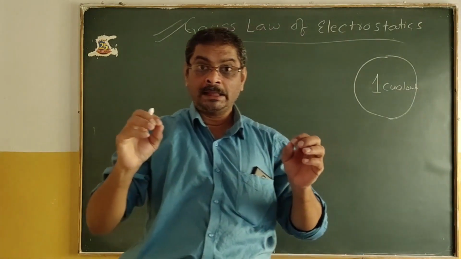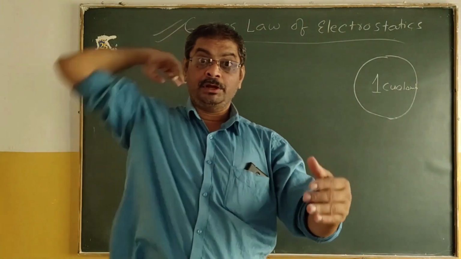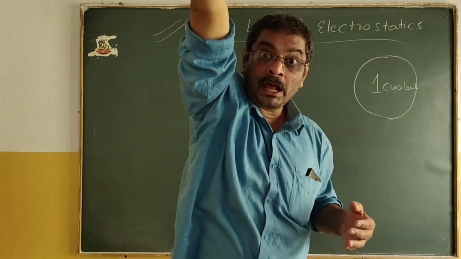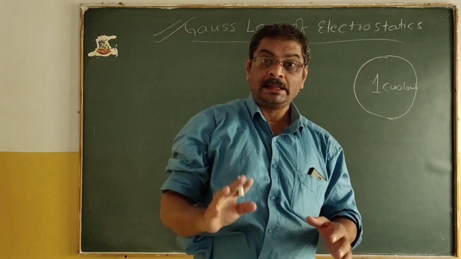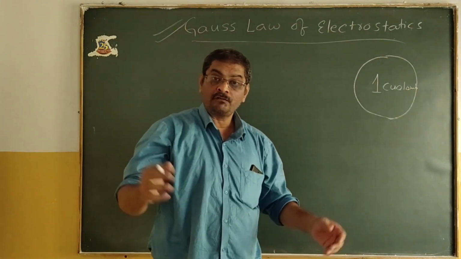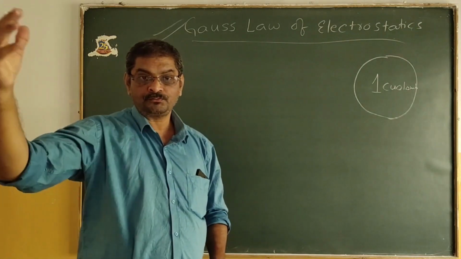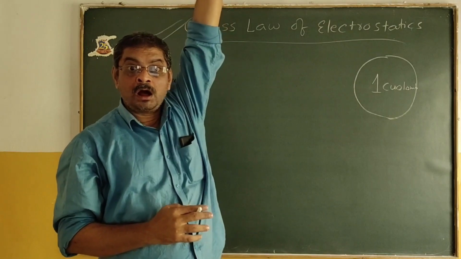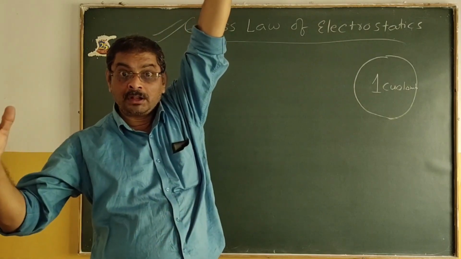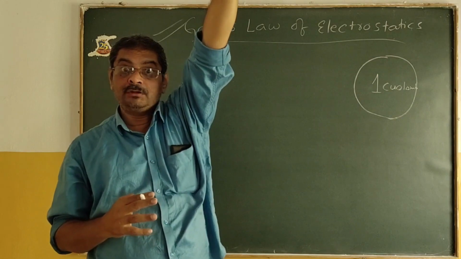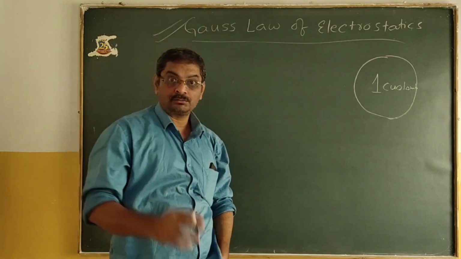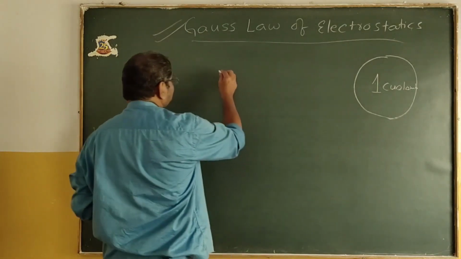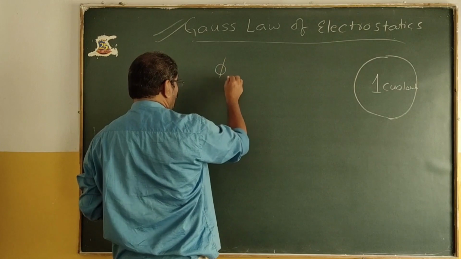Can anybody tell me how many lines of force will be diverging out from the Gaussian surface? Very simple, you apply the formula.